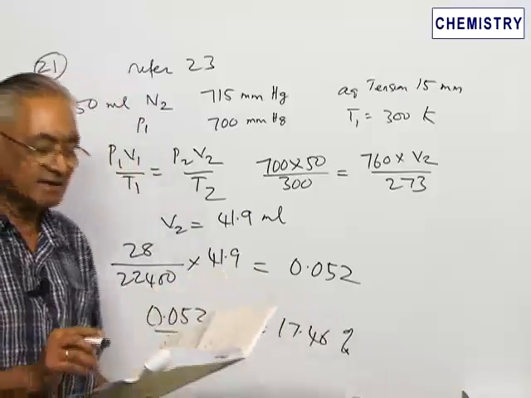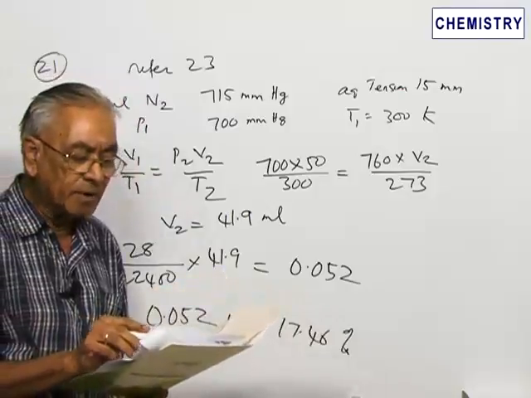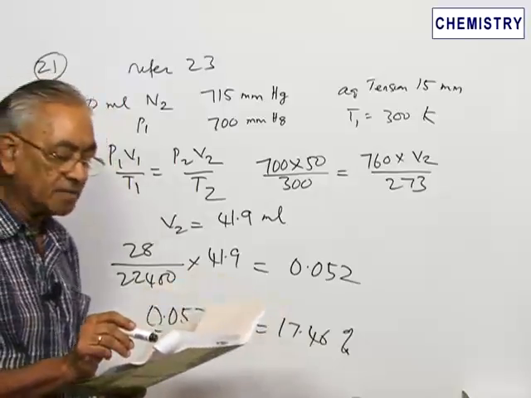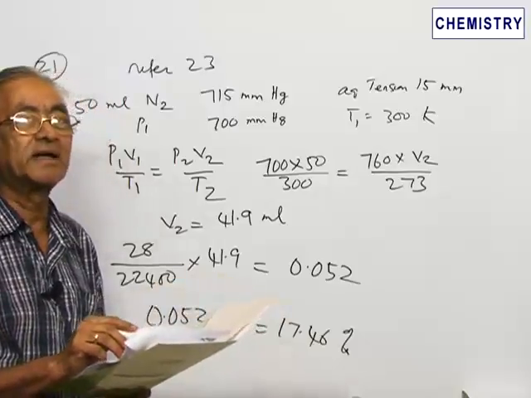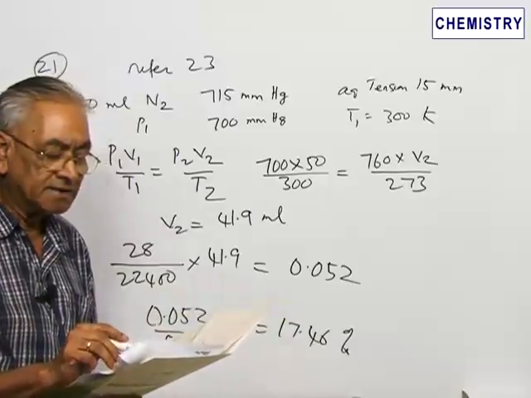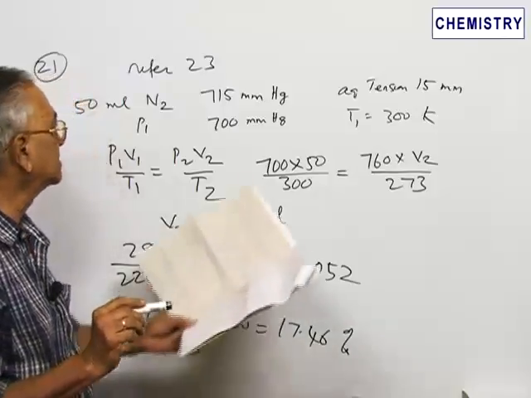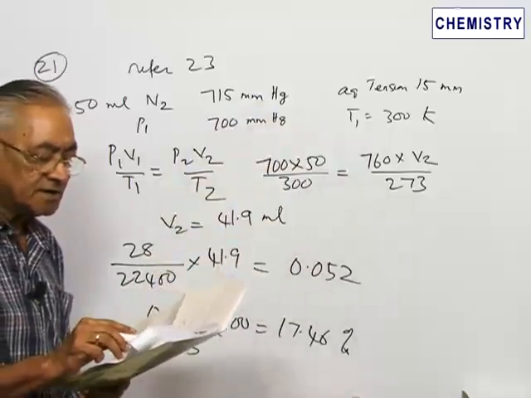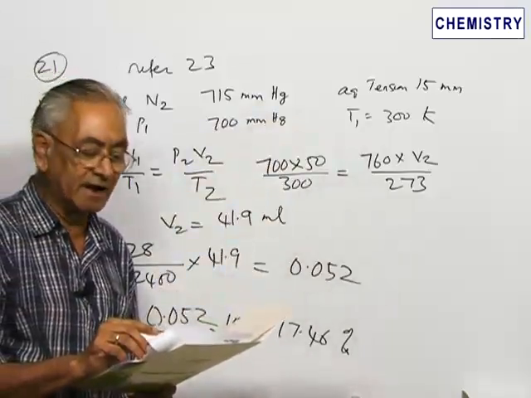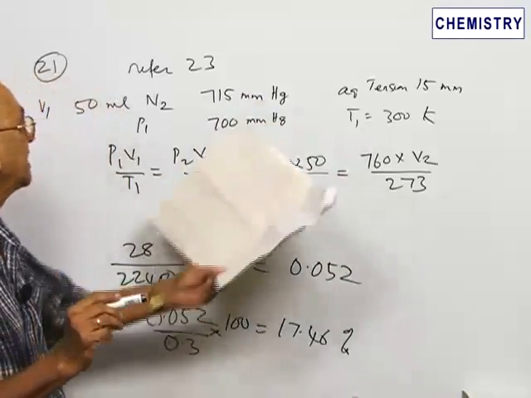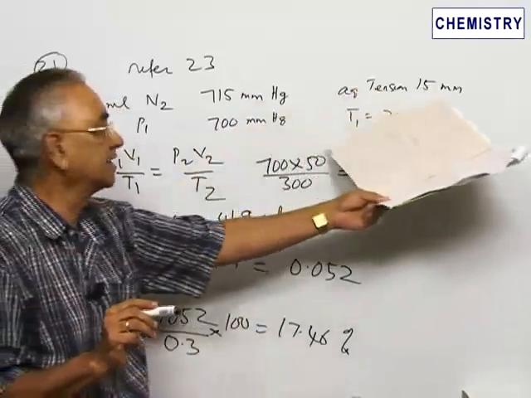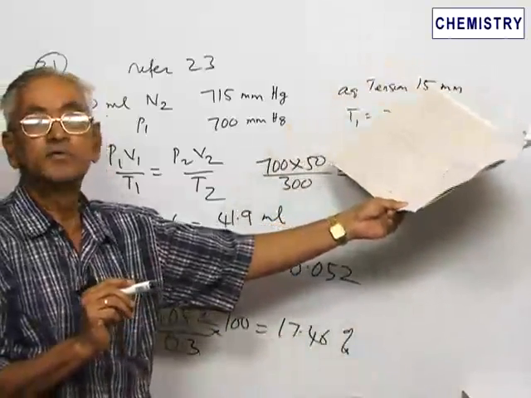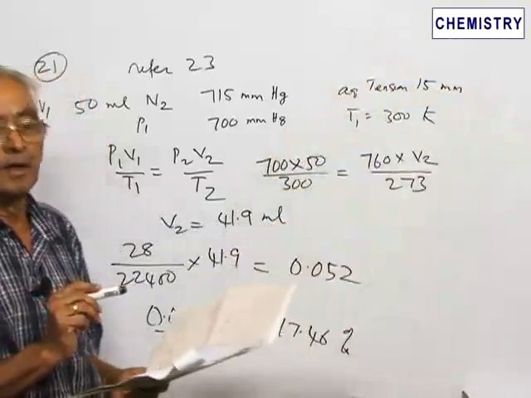The question says 0.3 gram of an organic compound gave 50 ml of nitrogen at 300 Kelvin and 715 millimeters of mercury pressure. The aqueous tension at 300 Kelvin is 15 millimeters. Aqueous tension, that is aqueous tension of water, is 15 millimeters of mercury.